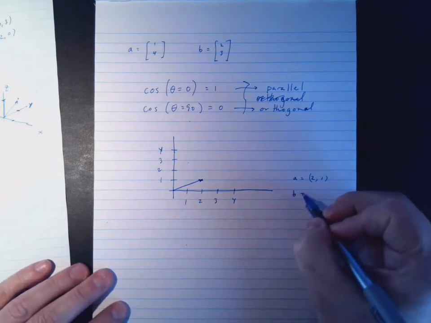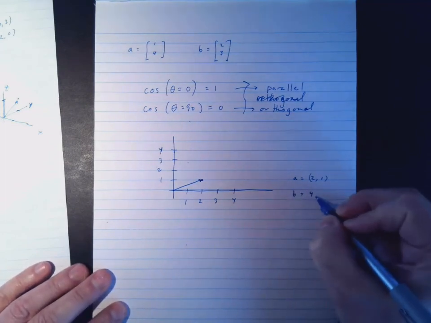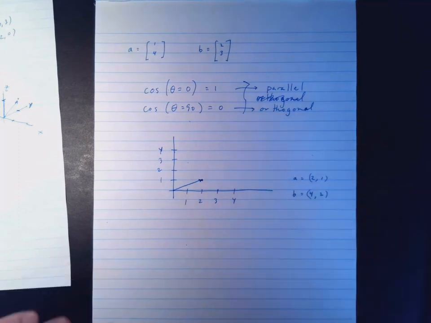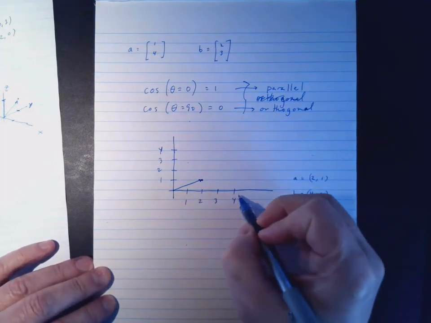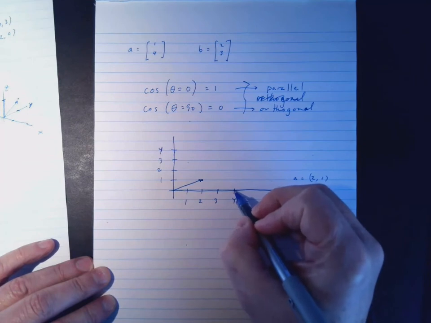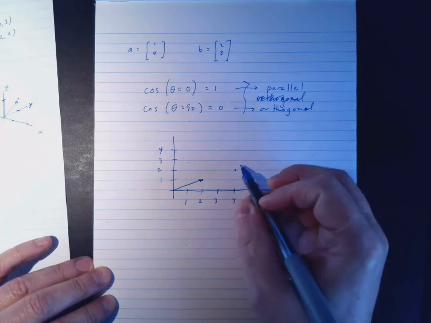Now let's draw B equals 4, 2. Pause for a second, make sure you can draw where that vector is. Okay, I will show you where the vector is. You go 4 along in the x direction and 2 up in the y direction.